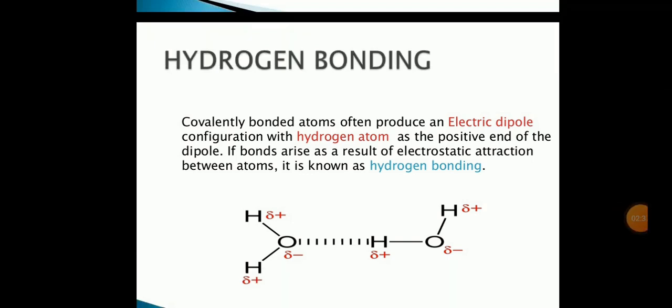The hydrogen bonding interaction involves the hydrogen atom located between a pair of other atoms having a high affinity for electrons. Such a bond is weaker than the ionic bond or covalent bond but stronger than the van der Waals force.